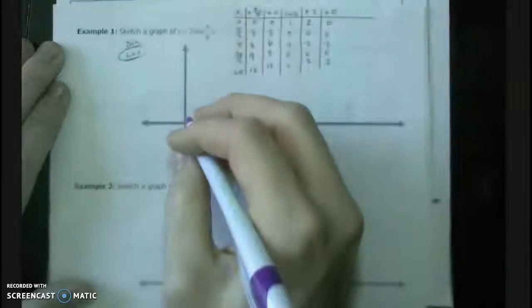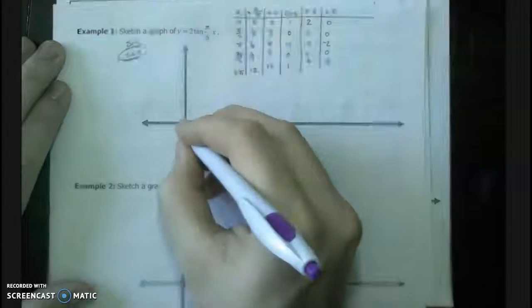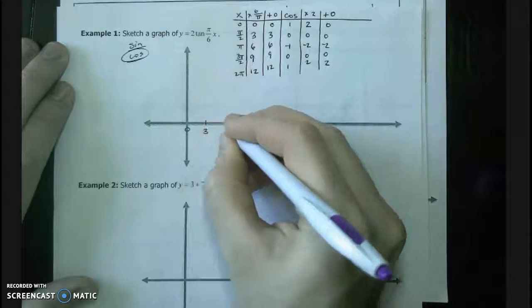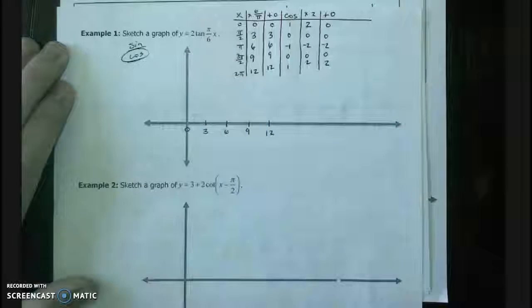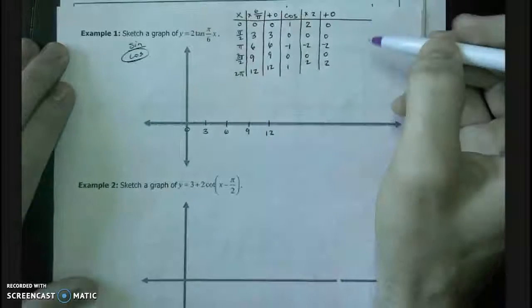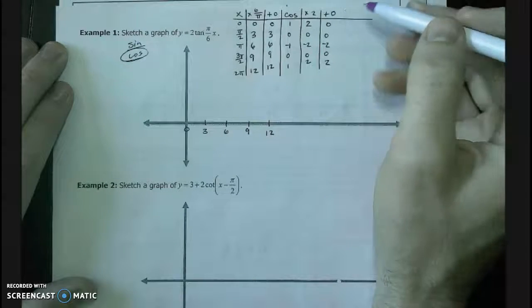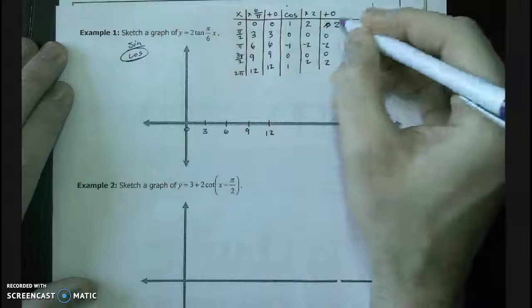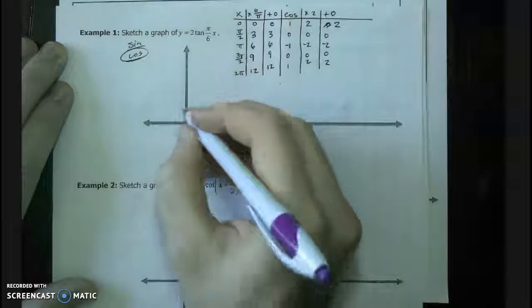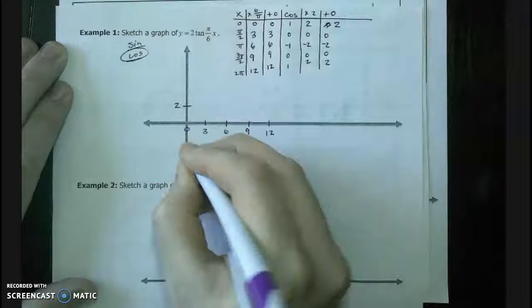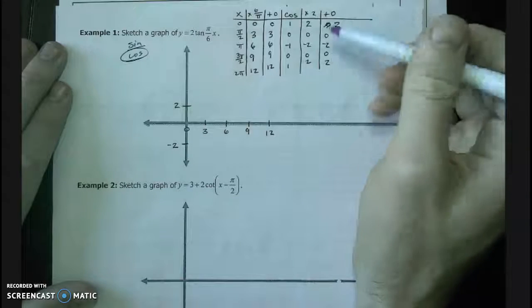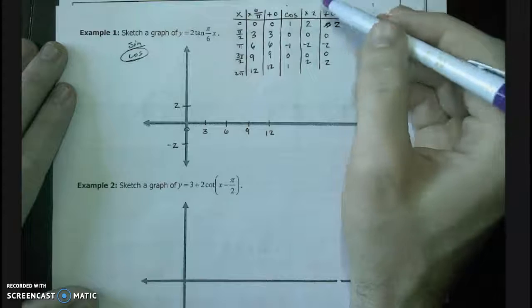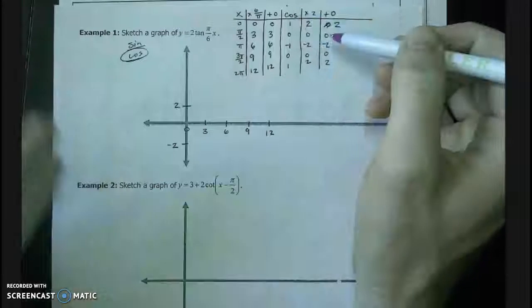So we're going to go through and label. We've got, for our x-axis, 0 to 12. For the y-axis, we have, that should have been 2, sorry, 2 to negative 2. And we can start with our cosine wave, which is at a high point.